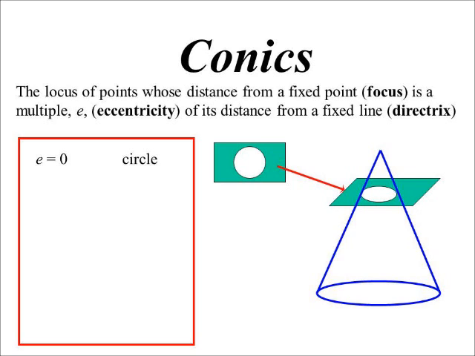If I was to slice with a slope of some multiple of m, that multiple being the eccentricity, we will get different shapes. So if that multiple is 0, so the slope is 0, it's horizontal, I get a circle. So that's another relationship between eccentricity, not only in this definition, but with regards to the cone itself. It's a multiple of the slope of the slant edge.